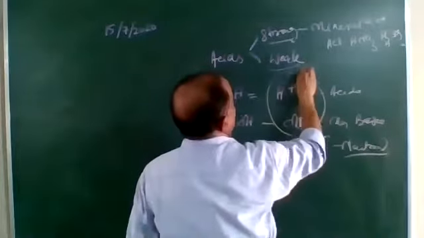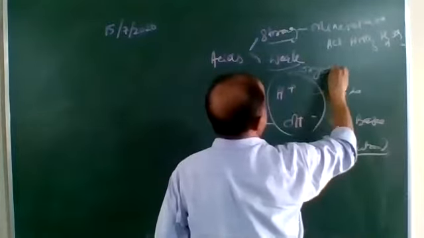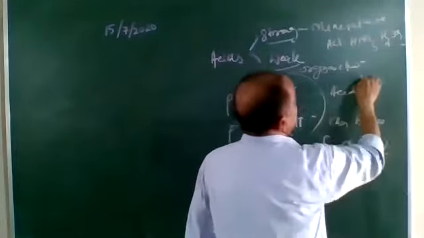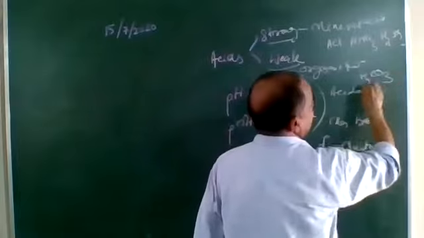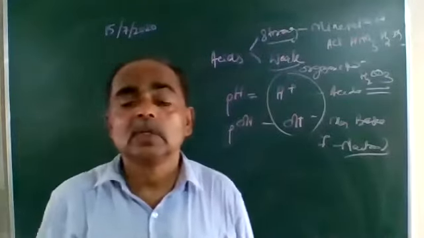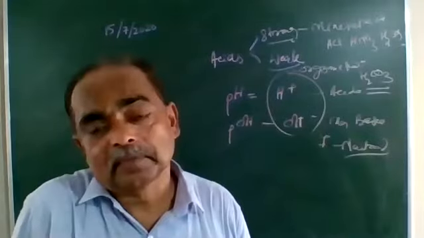And weak acids are commonly taken as organic acids, like acetic acid, carbonic acid, that is H2CO3, etc. So acids are classified into 2, strong and weak.